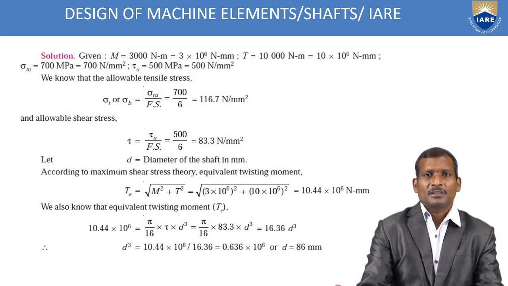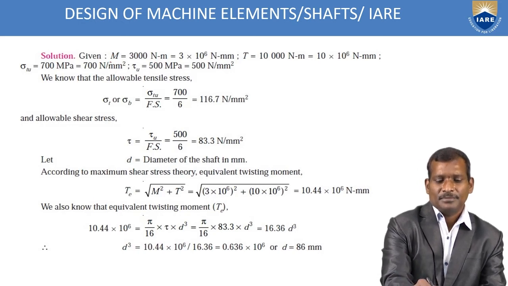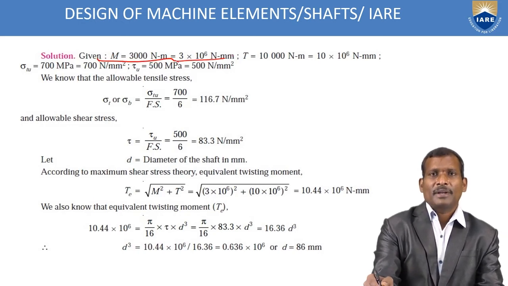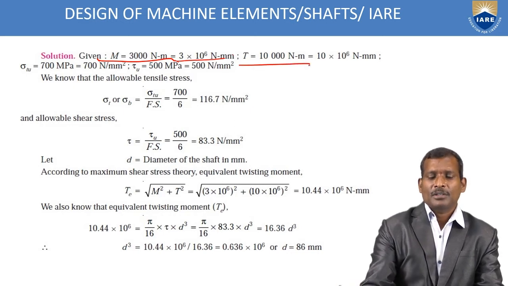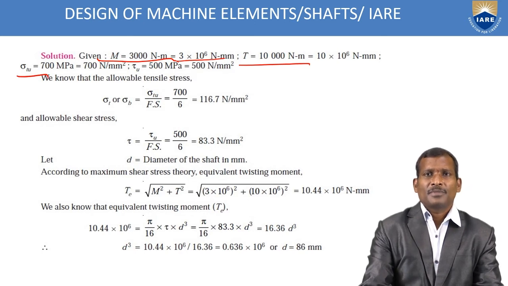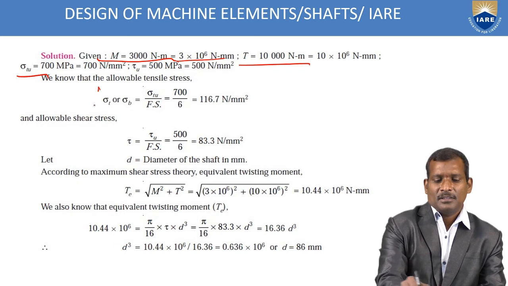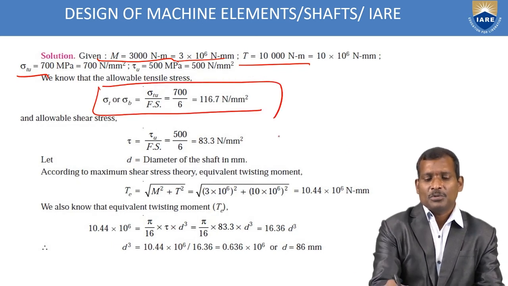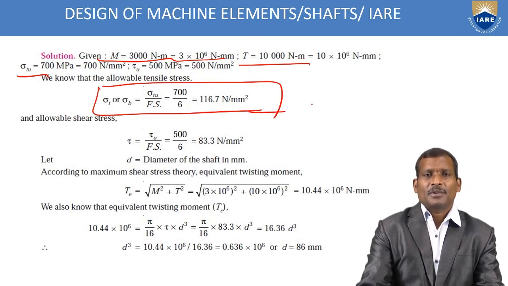First you should write the given data: bending moment, torsion and ultimate stress. Clear? Allowable tensile stress is equal to ultimate tensile stress upon factor of safety.